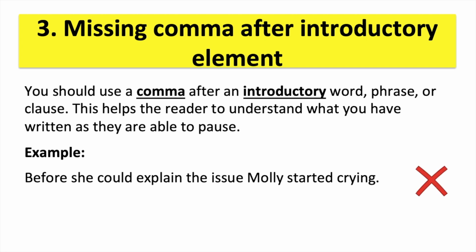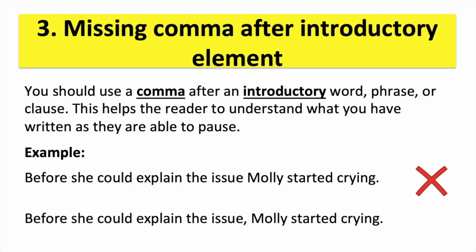This is incorrect. Before she could explain the issue, Molly started crying. This is the correct version as it allows the reader to pause and think that Molly started crying before the issue was even explained to her.